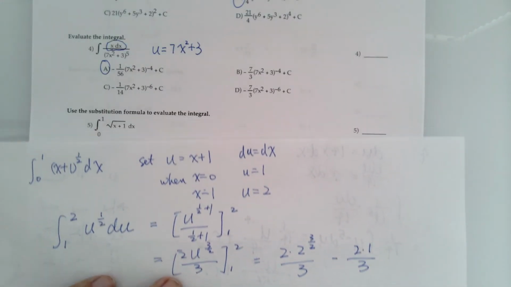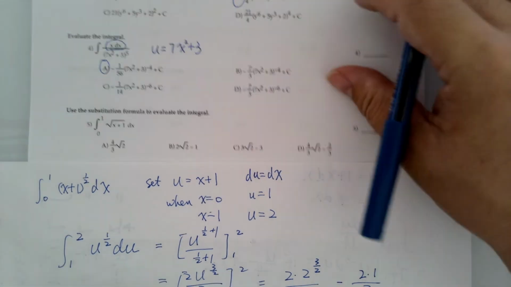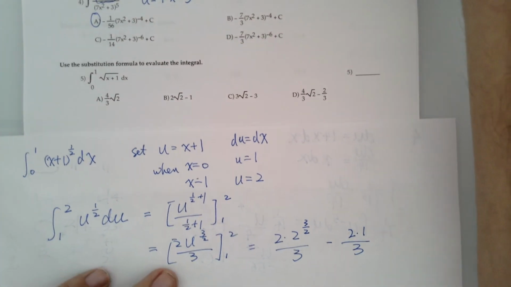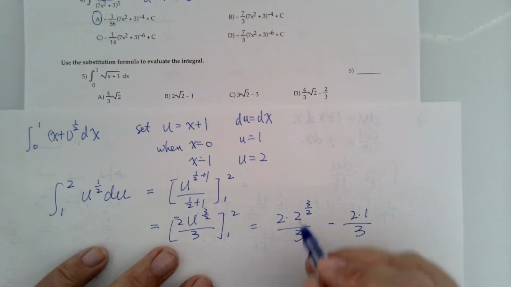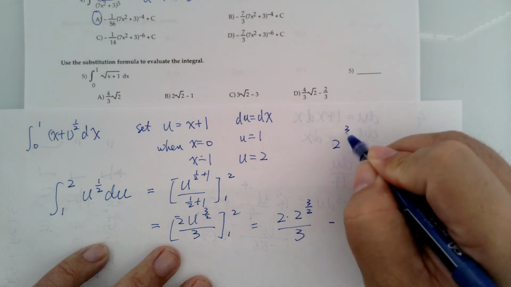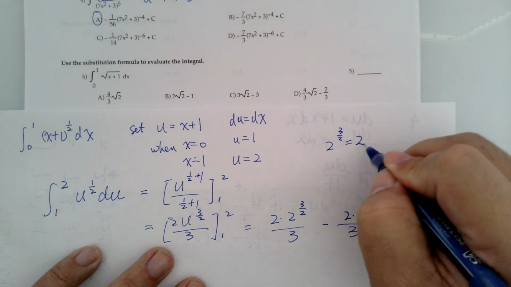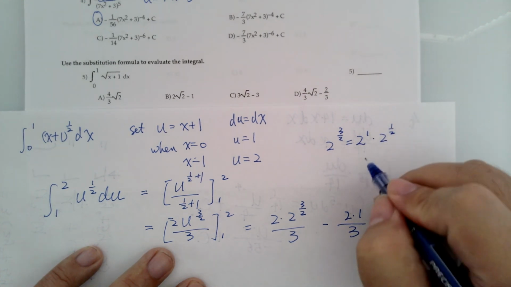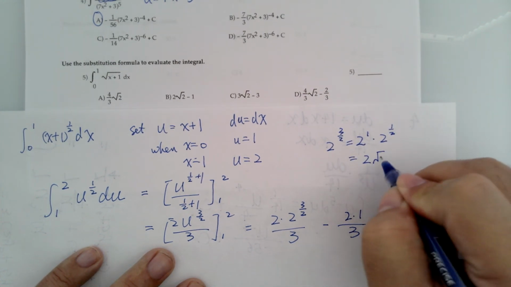If you take a look at what we have here, 2 to the power 3 halves can be written as 2 to the power 1 times 2 to the power half. In other words, this equals 2 square root of 2.